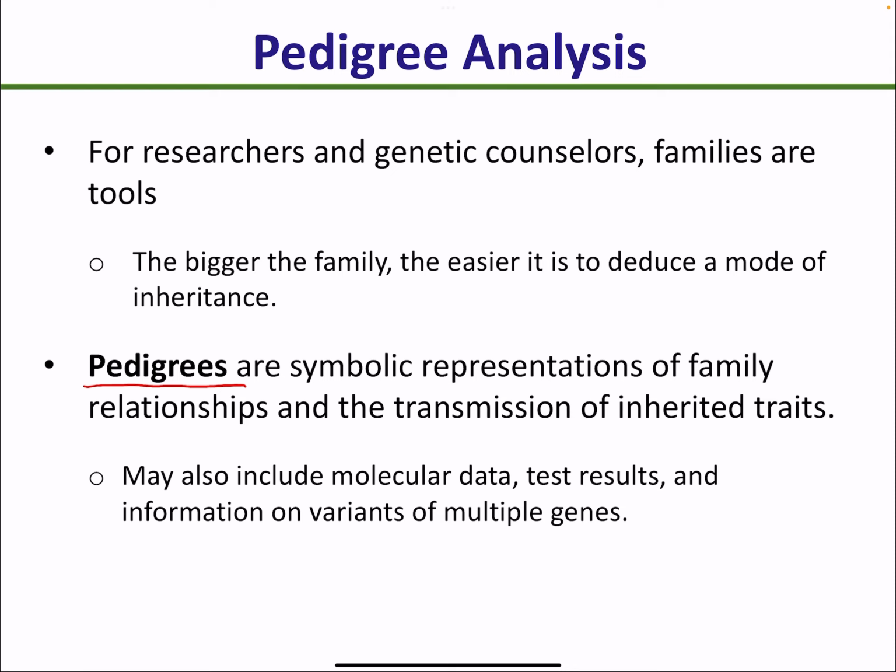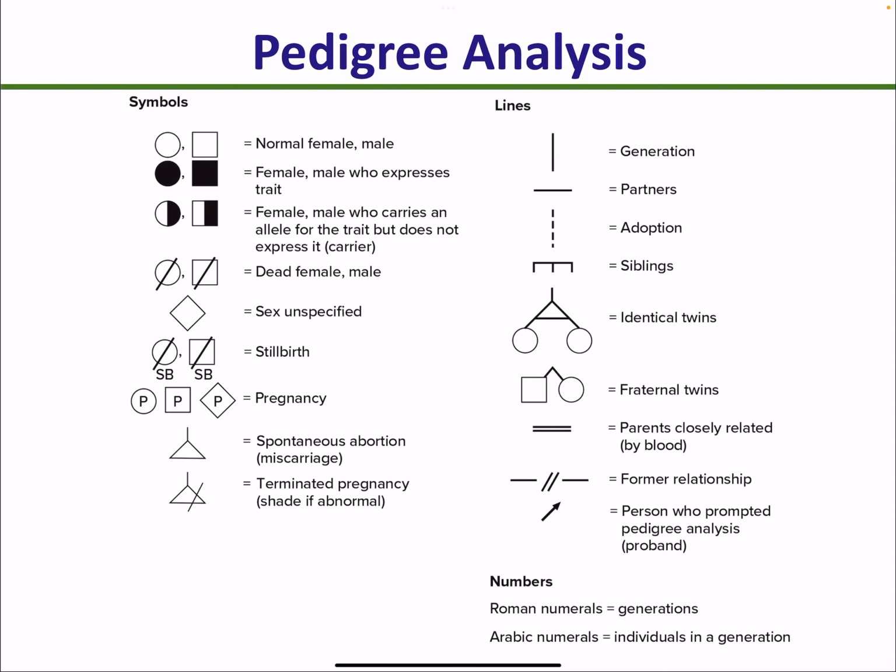So there is a bunch of information that you can gather from a pedigree, which actually sets this chart apart from, for instance, a genealogy tree, right? That genealogy tree only shows you the relationship from parents to offspring, but it doesn't show you the traits, right? So here we have some symbols that are used.